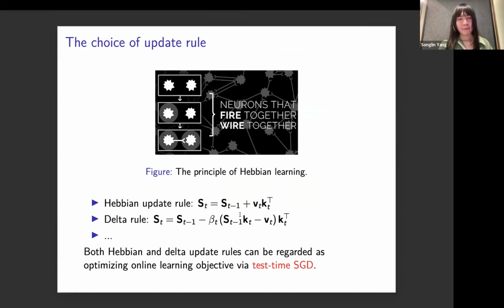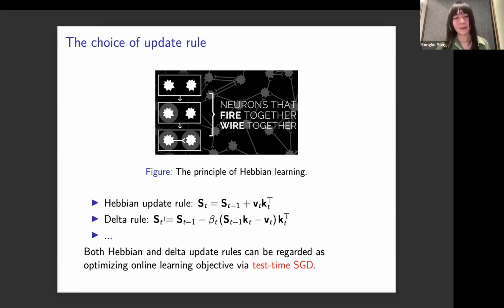For updating the weight, there are many classical learning rules. In the 1960s, there was a bunch of research studying how to update the neural network's weight. For example, the Hebbian update rule directly corresponds to the linear attention's update rule. And there's also a classical learning rule called the delta rule.